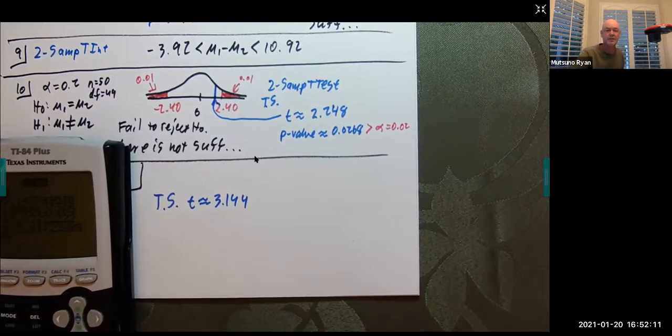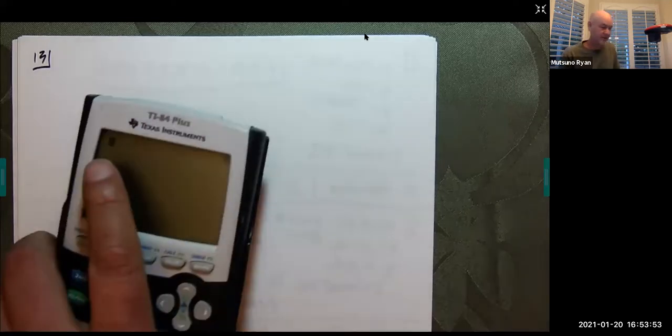Number 13, I'm going to go ahead and enter all that data in again. All right, so I have entered the data into this here. And for number 13, they want us to find a confidence interval for the mean differences of D in a population paired.